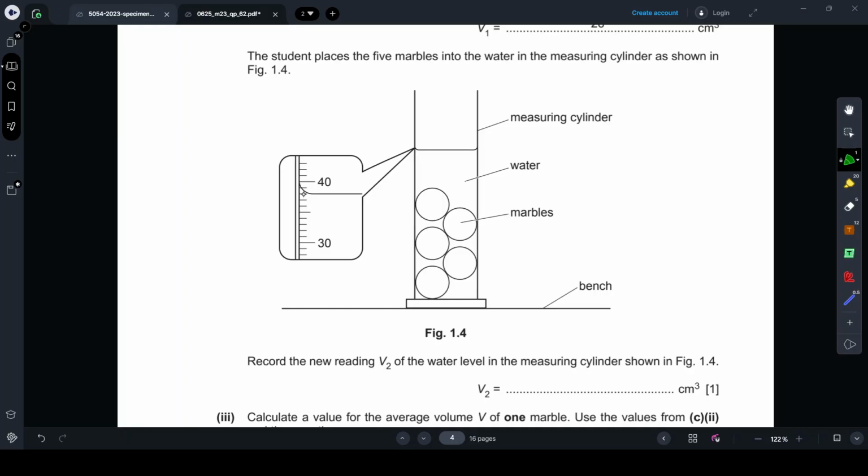Oh, okay. You need to look at the lower meniscus. You don't look at the curved part. You have to look at the meniscus, which is the lower part. In the case of water, the meniscus is concave, right? It's curving upwards. In some cases you look at the upper meniscus.